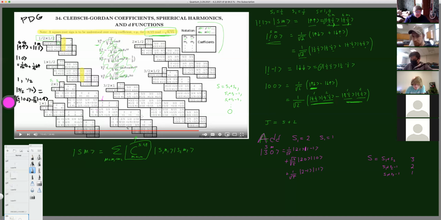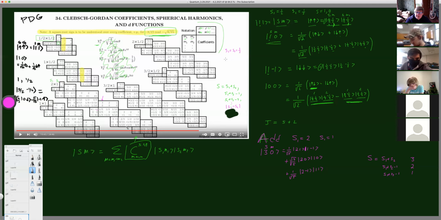And actually, I figured this out. Give me a second. Oh, okay. That's not what I wanted to do, but whatever. All right, this actually doesn't go all the way down to 0. It goes down to the absolute value of S1 minus S2. So let's think of the S1 equals S2 equals 1/2 case again.